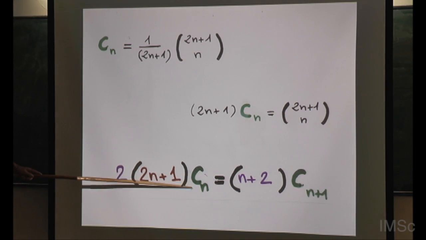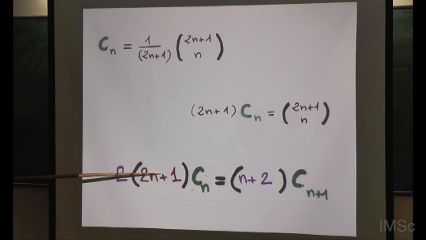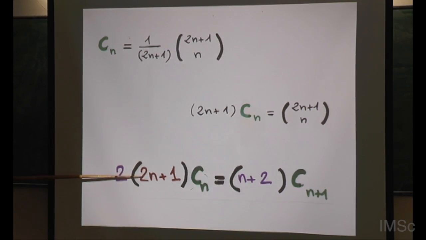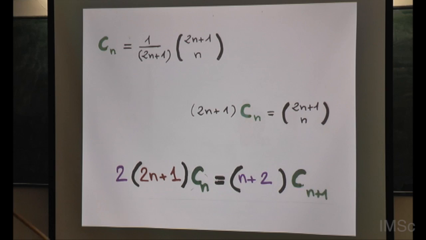Because this is a choice of a tree. 2n plus 1 is a choice of one of the vertices. There are n internal vertices, n plus 1 external vertices. So you choose any vertex in the tree, and you do something in 2 different ways. You are going to increase the number of vertices of the binary tree in 2 different ways.